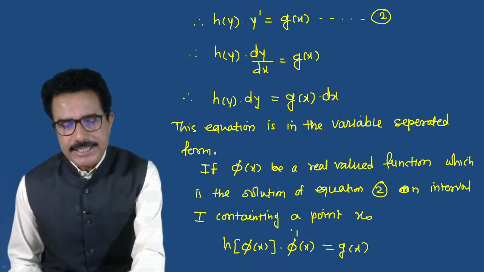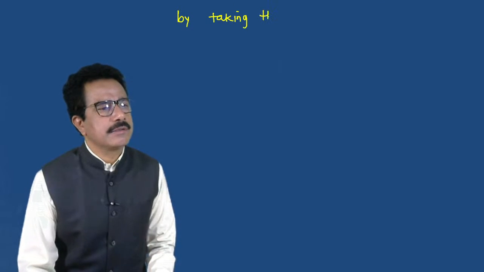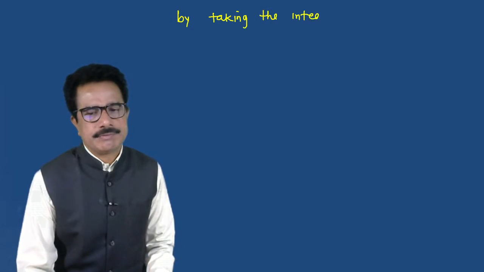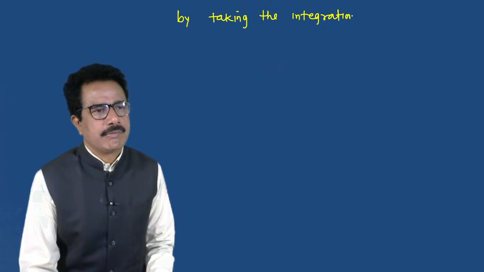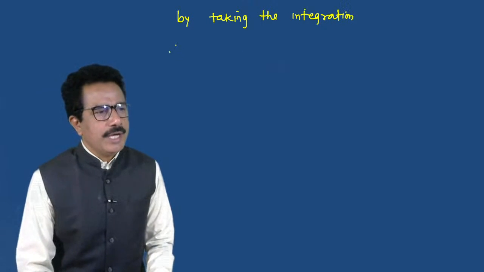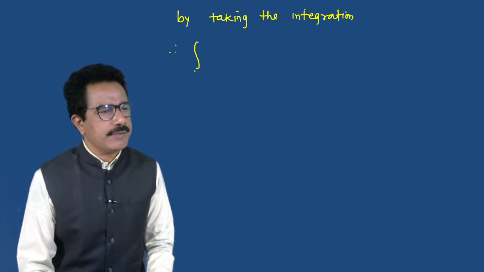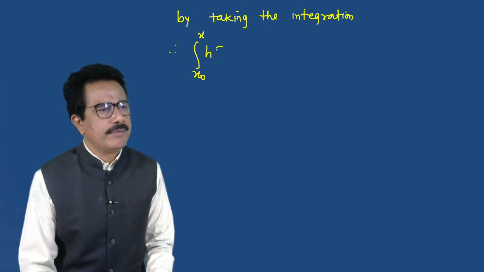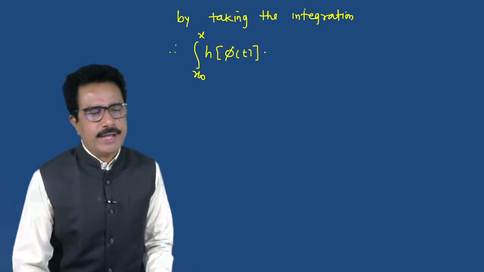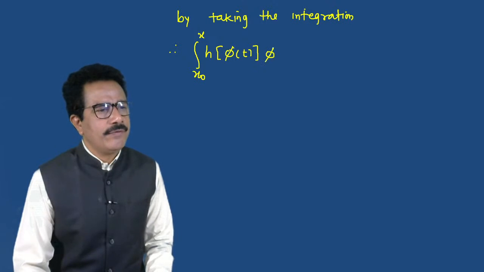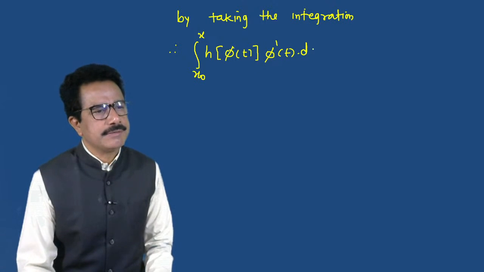Now by taking the integration, now take the integration from x0 to x of h of phi of t into phi dash of t dt.